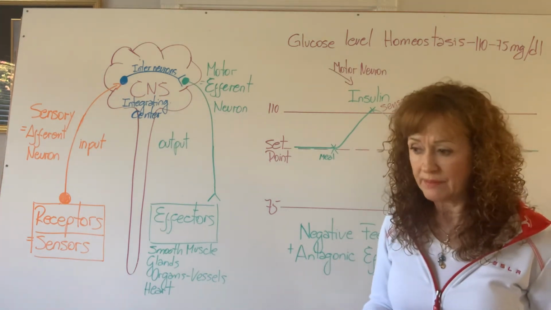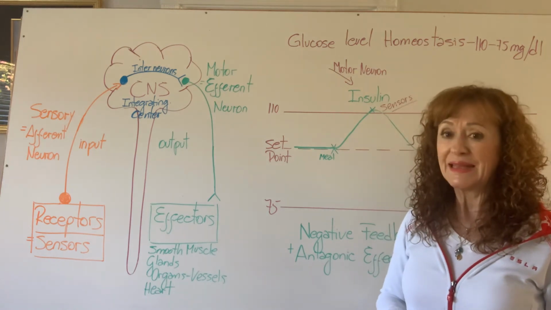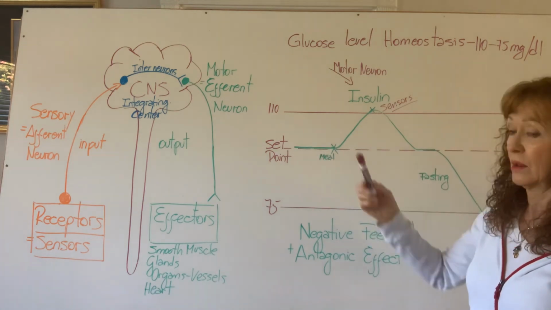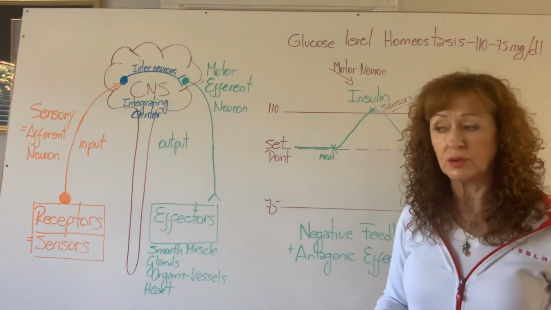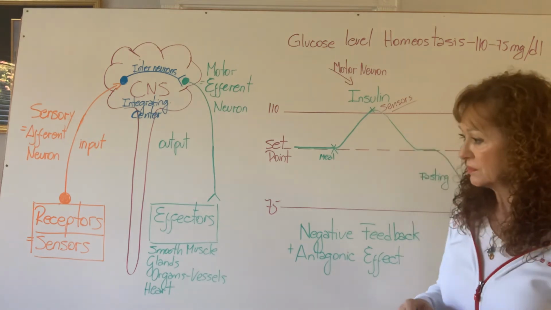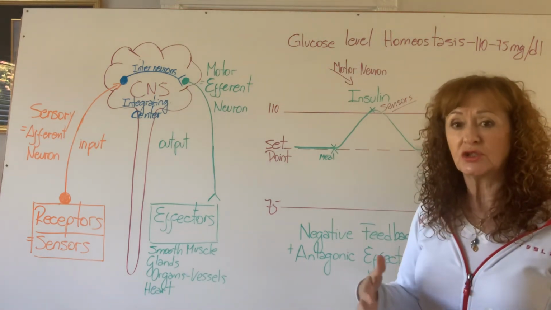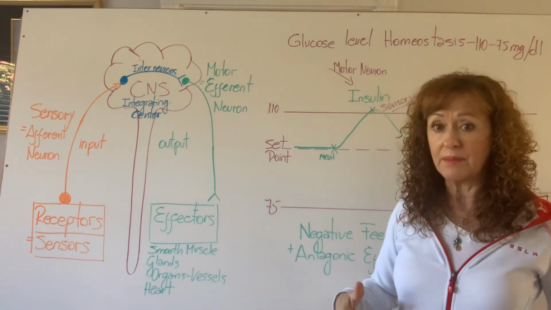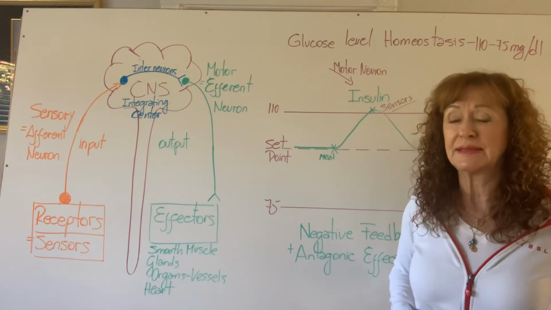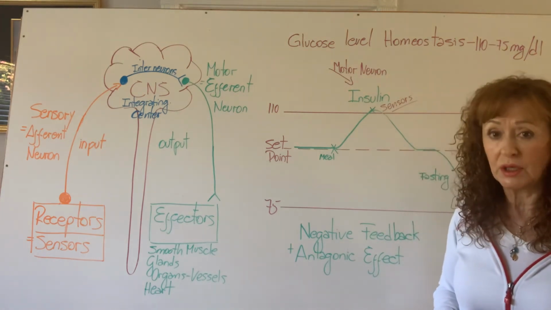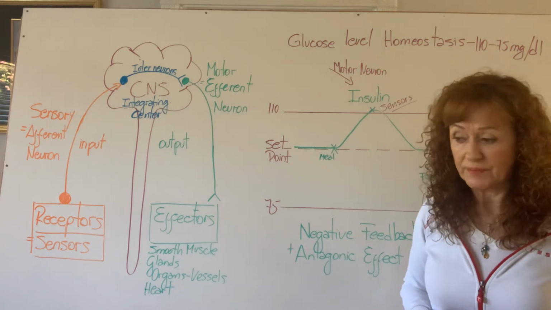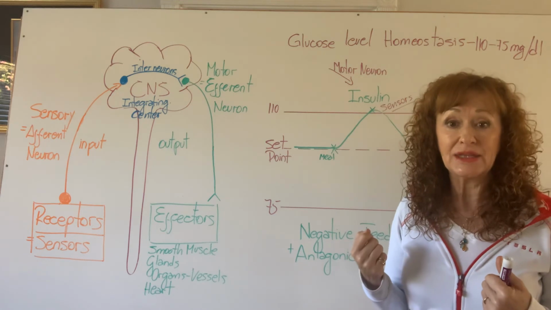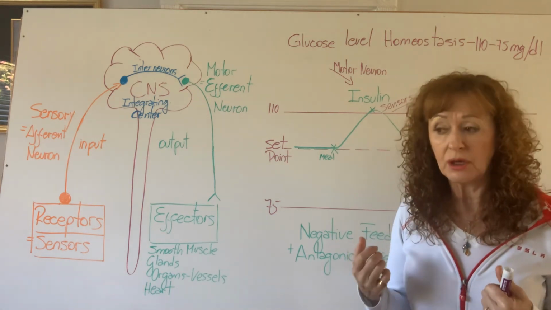In the case, for example, of the uterus contraction, there is a normal set point, and for different reasons, when the baby gets to the point of being ready to be born, the baby is producing stretching in the uterus, that is the myometrium. If you remember, the smooth muscle that makes up the uterus is the myometrium. This myometrium has sensors. There are stretch sensors or stretch receptors.